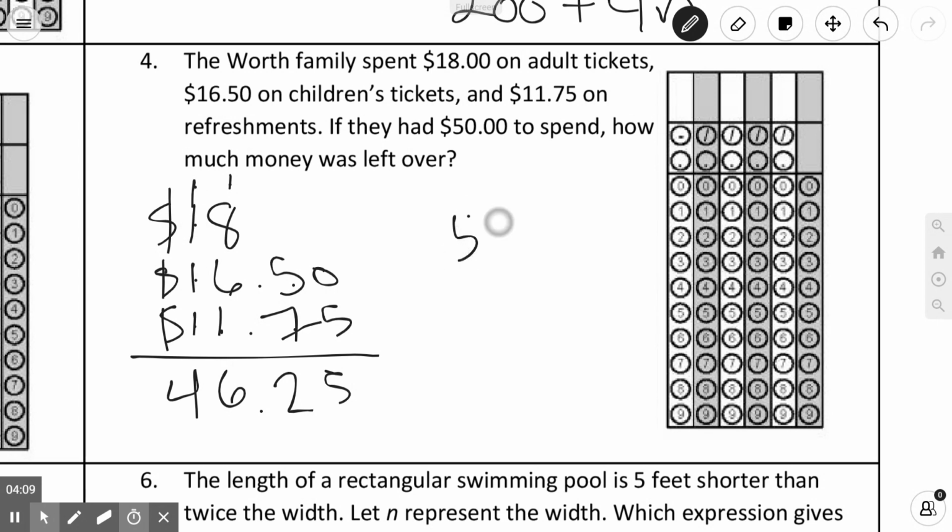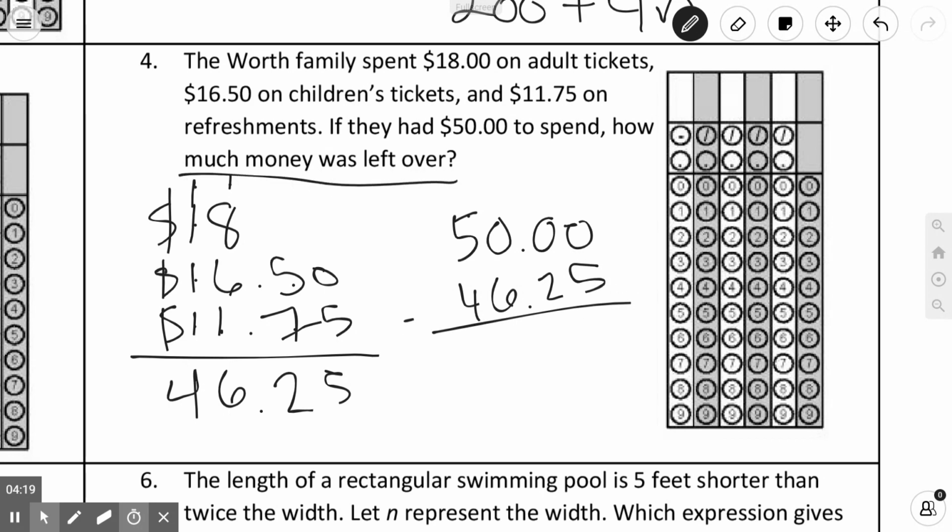So I'd take $50 and 0 cents minus $46.25, because I'm looking for how much money was left over, so I have to subtract. I can't do 0 minus 5, so I have to borrow all the way over here. Can't borrow from the 0, can't borrow from the 0, so I borrow from the 5. This becomes a 4, and I put 10.